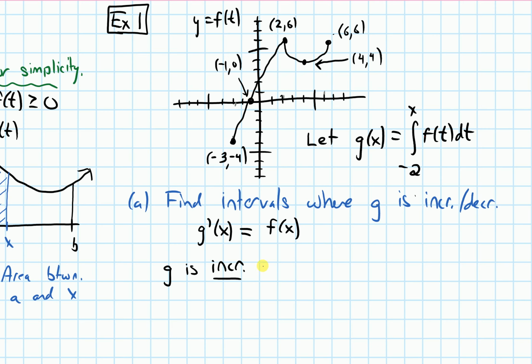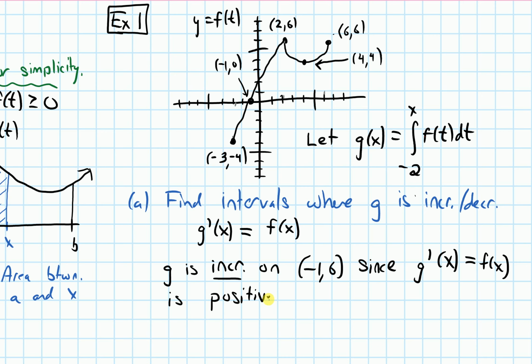So that's where g is increasing, on the interval from -1 to 6, since g prime of x equals f of x, and this function f of x is positive. The function f of x is positive on that interval from -1 to 6.